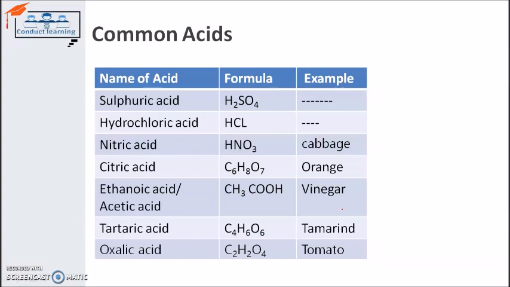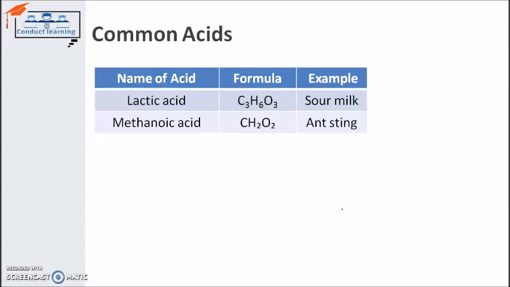Tartaric acid is available in turmeric, and the formula for this is C4H6O6. Oxalic acid is available in tomato. The formula for this is C2H2O4. Other acids are lactic acid and methanoic acid. Lactic acid is C3H6O3. It is available in sour milk.